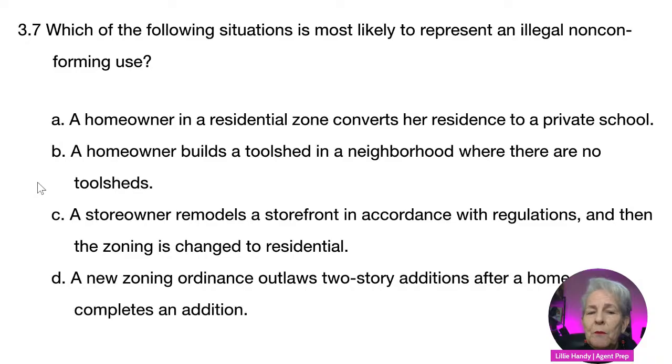B, a homeowner builds a tool shed in a neighborhood where there are no tool sheds. C, a store owner remodels the storefront in accordance with regulations, and then the zoning is changed to residential. D, a new zoning ordinance outlaws two-story additions after a home completes an addition. So which situation is most likely to represent an illegal non-conforming use? In other words, it doesn't conform to everything in the area that meets zoning.